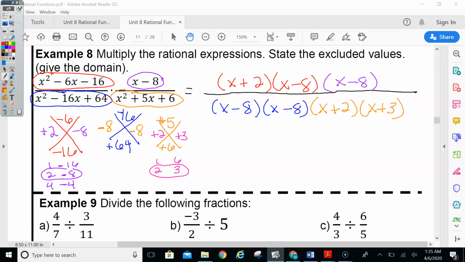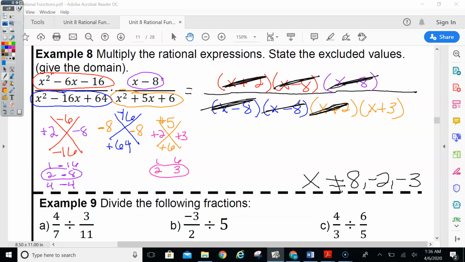So this one factors into x plus 2, x plus 3. So again, before we start canceling out, let's say what it cannot be. x cannot be, for both of these, it's the same thing, so I just got to write it once, positive 8. That's the opposite of both of them. For this one, a negative 2. For this one, a negative 3. So now we can start canceling. Let's see. Plus 2, x minus 8, x minus 8, x minus 8, x minus 8.